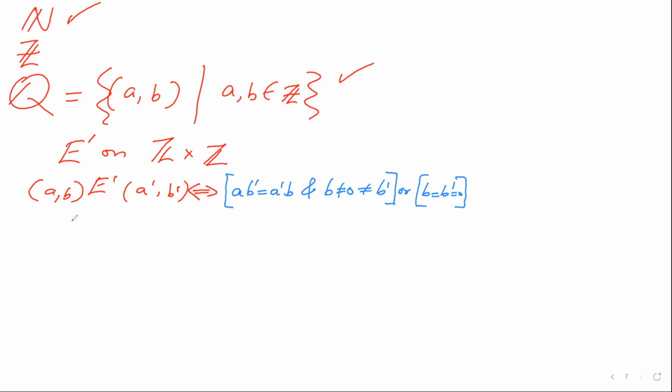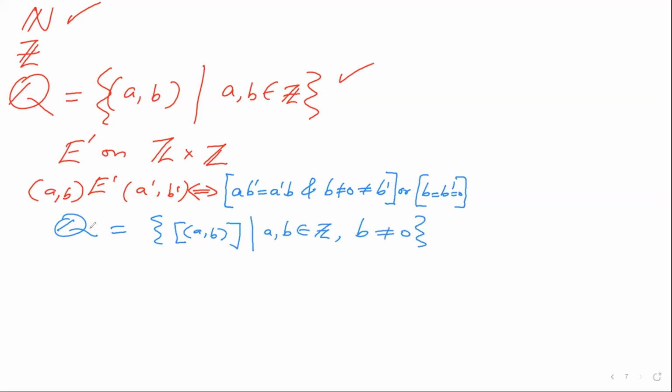Let us see. Then Q is, I'll come back to this. Q is, what do you think Q is? Q is the set of equivalence classes of AB, where A and B come from Z and B is not equal to 0.